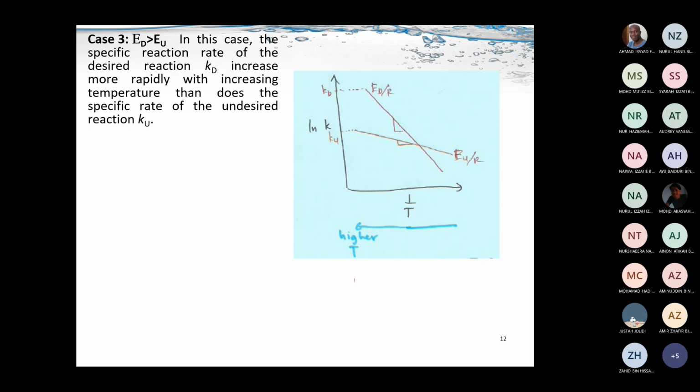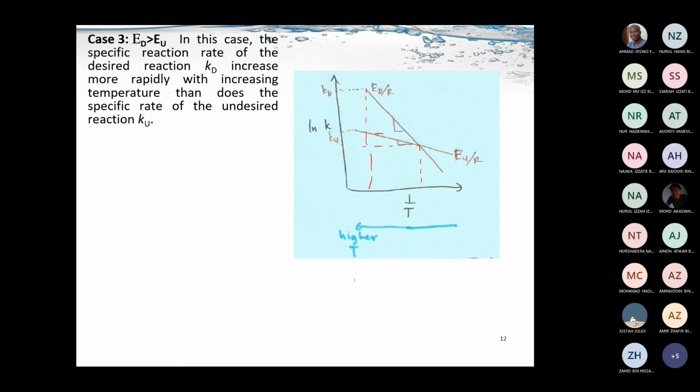So that means the slope here would be higher than the KU. Okay, if KU is here, sorry, not accurate, actually it is here.